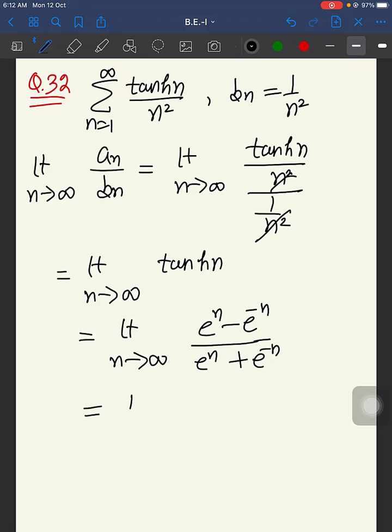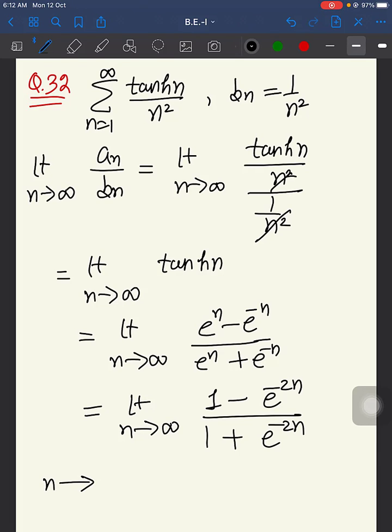So now divide numerator and denominator by e raised to power n. So you get 1 minus e raised to power minus 2n upon 1 plus e raised to power minus 2n. So as n tends to infinity, e raised to power minus 2n, since this is a reciprocal, will go to 0. So you are left with 1 minus 0 upon 1 plus 0, which is nothing but 1.